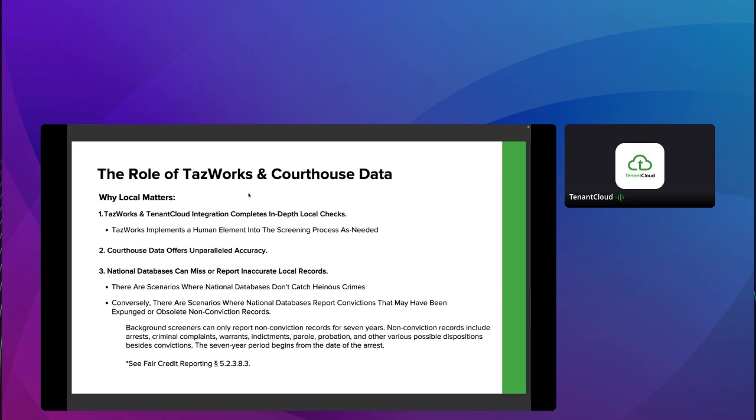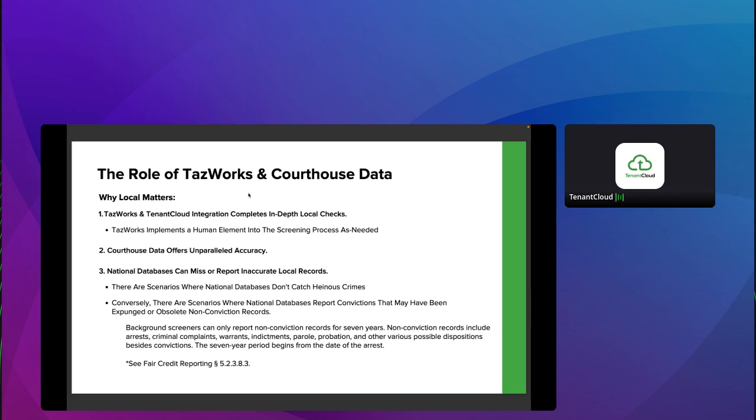Background screeners also can only report non conviction records for 7 years. Non conviction records include arrests, criminal complaints, warrants, indictments, parole, probation, and other various possible dispositions besides convictions. The 7 year period begins from the date of the arrest.